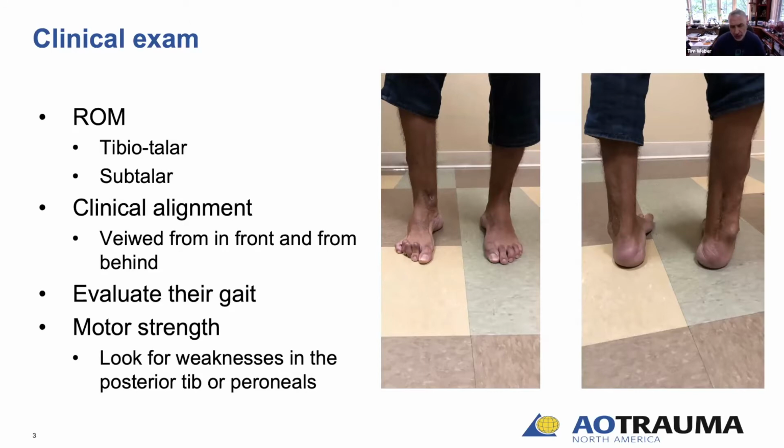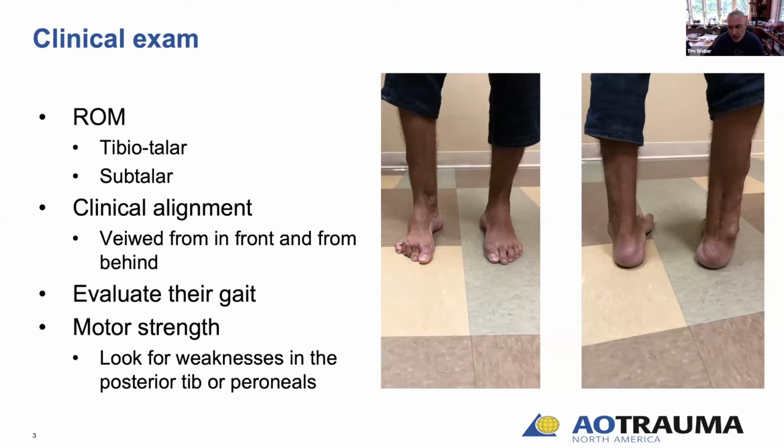Oftentimes we're correcting either varus or valgus, and knowing whether that subtalar joint has enough motion to compensate for the position that you're going to be putting the distal tibia in is important to assess beforehand. Sometimes you need to add a calcaneal osteotomy to make sure that the foot is coming down flush to the ground.